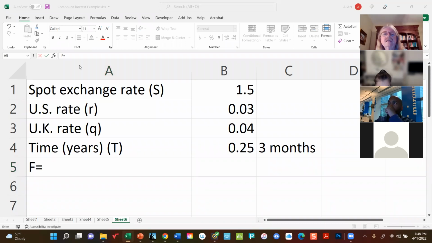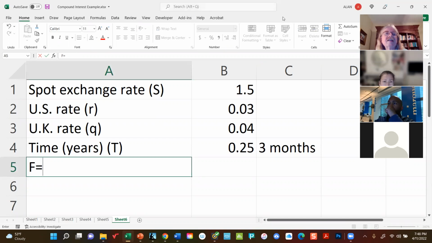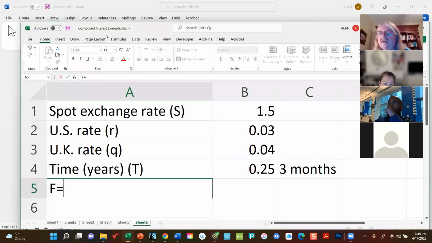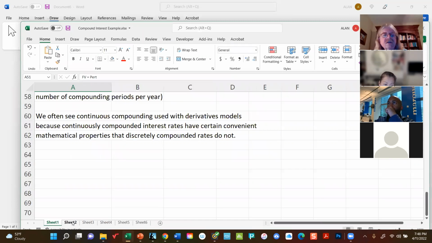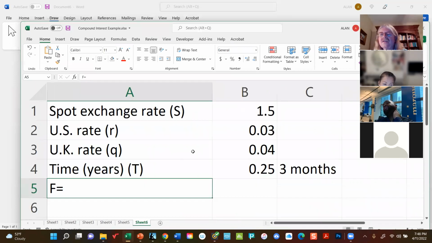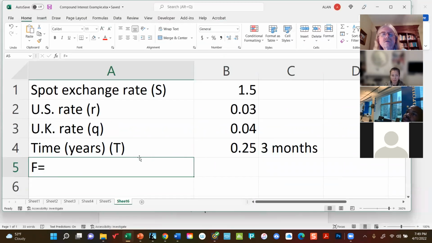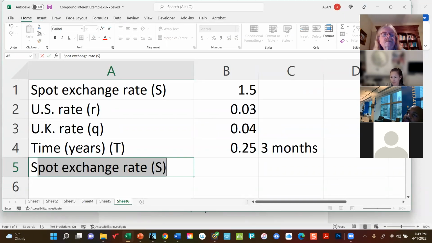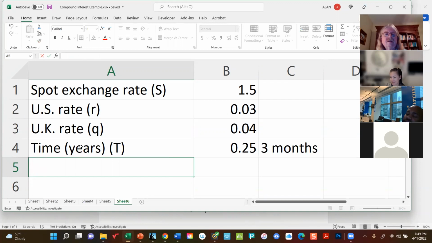I'm going to keep everything. I know it says compound interest examples, but maybe I'll rename it tonight's examples. If you see, I've got all these sheets here, I've kept all the tabs. This is still the same sheet, so don't worry. We will definitely have this available to you, so you won't miss anything. Thanks for doing that. Sure, no problem.